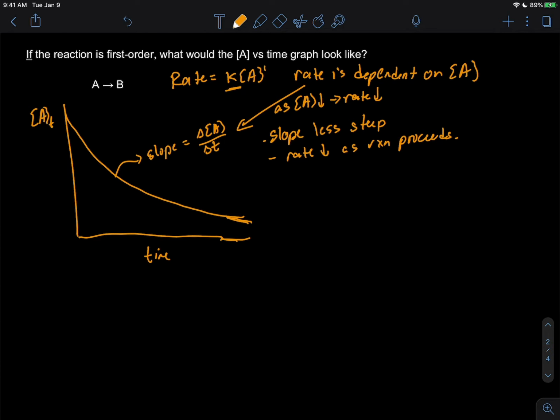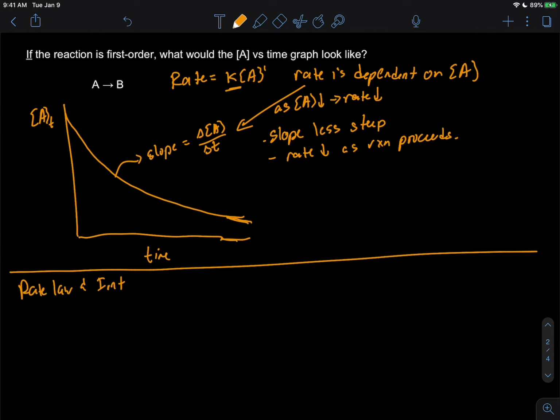So we ask, what information do we know that might be linear with regards to the concentration of our reactant and time? If we go back to our rate law expression and our integrated rate law: the rate is k times the concentration of A. We want to figure out if there is a way for us to identify our rate constant.